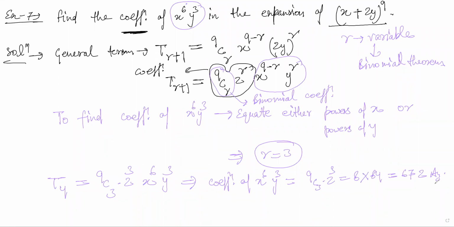Please feel free to ask your problems. And if you don't have any, I am extending this question, as this is the first part. You need to find out the coefficient for x square into y to the power 7, for the same question.